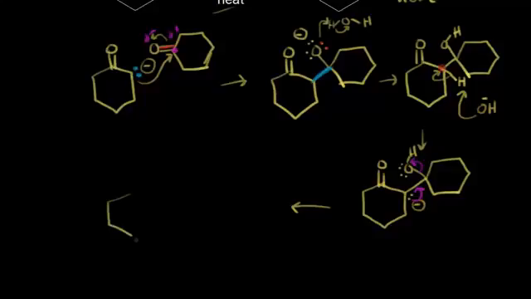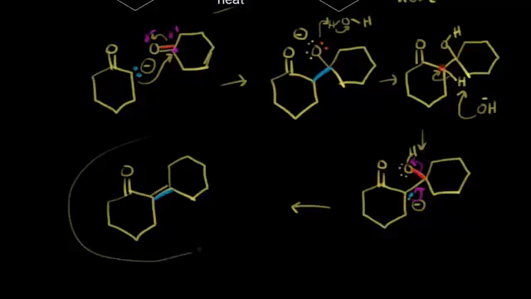So we would have our ring, we would have our carbonyl here, and then we would form a double bond, and now we can see that we have our product. So let's follow those electrons. So electrons in blue here, these electrons move in here to form our double bond. And then let's use red to show these electrons coming off, and so we get hydroxide as our leaving group, and we form our conjugated enone as our product.